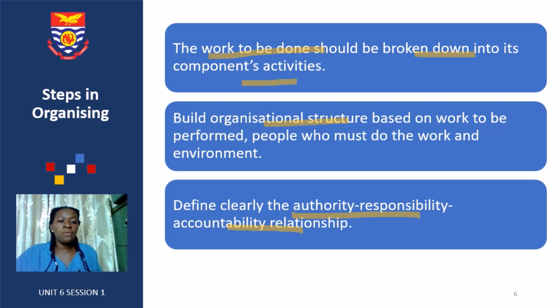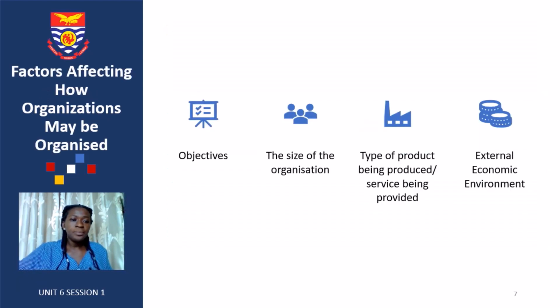He is supposed to perform the activity. He is supposed to be accountable for it. Or Mr. Mensah is the one who has authority over this thing. However, he can also delegate it to this person. Now, this person is doing it, but it is Mr. Mensah's responsibility. As such, he is still accountable for that particular activity.